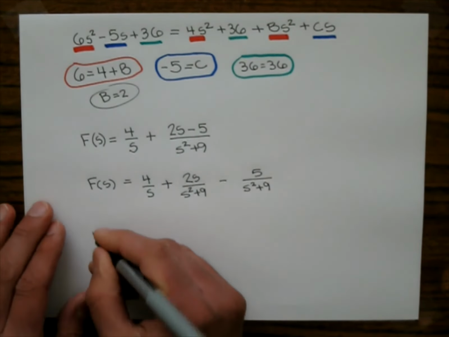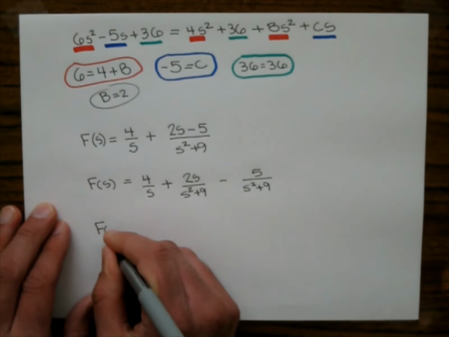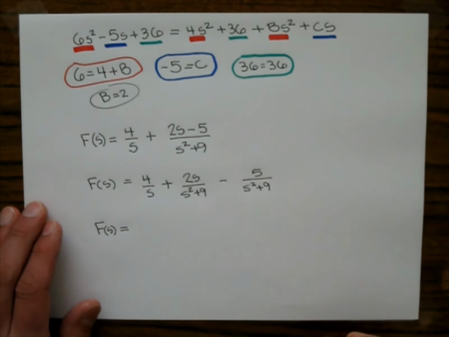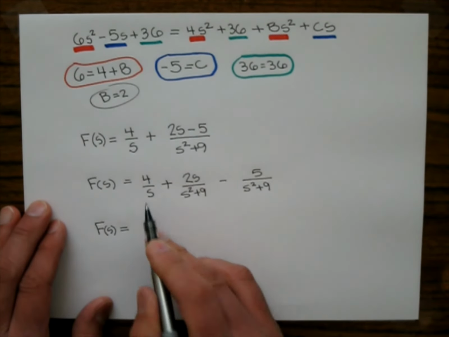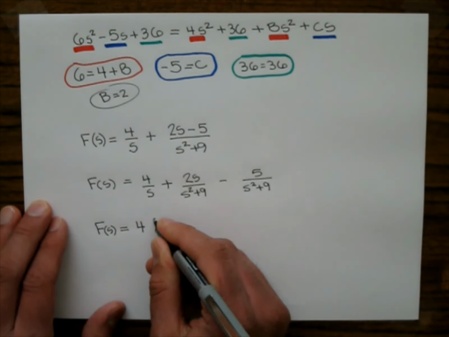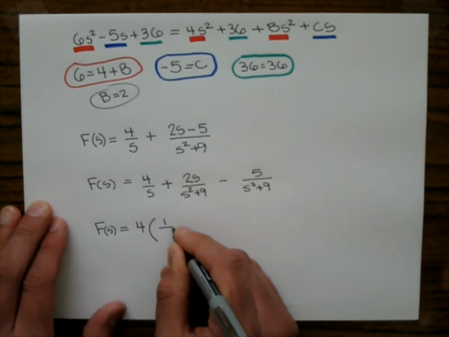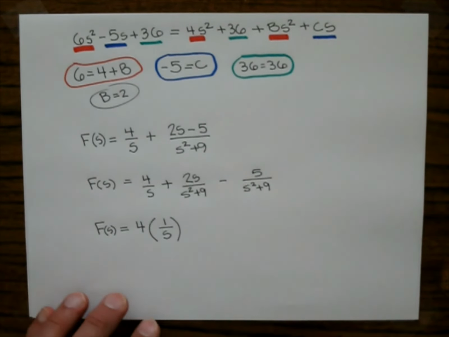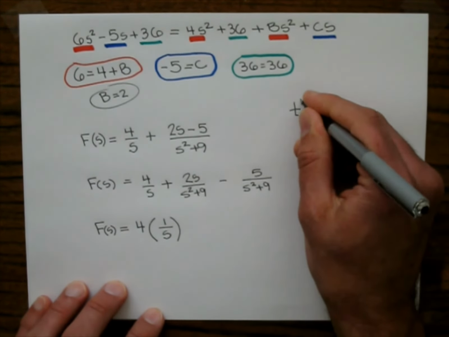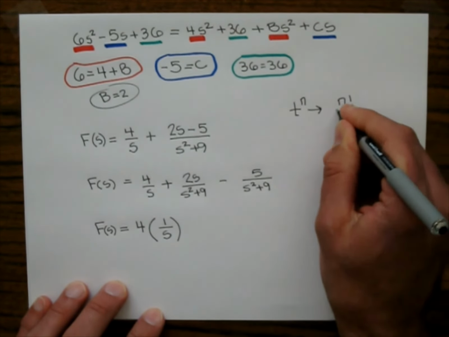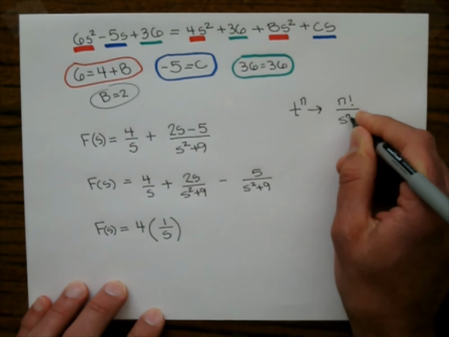Now we have to write this thing and get the functions on the platform, and then energize and take the inverse transform. So I'm going to go like this and go 4 times 1 over s. Okay, so why is that significant? We have this rule here that says t to the n gets transformed to n factorial over s to the n plus 1.